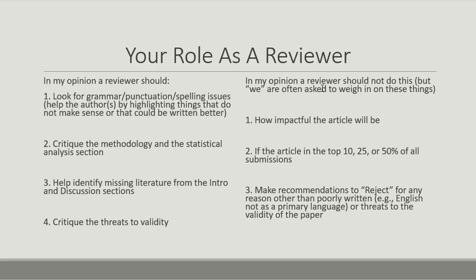I don't think it's necessarily fair. I think it'd be better if an article was reviewed and if it had good methodology, if it had interesting findings, if there weren't threats to validity, then it should be considered for publication. But journals get tons of good papers, and they've got to somehow figure out a way to weed things out.